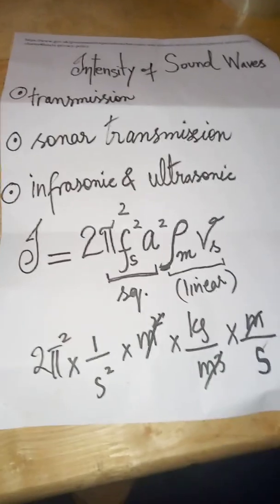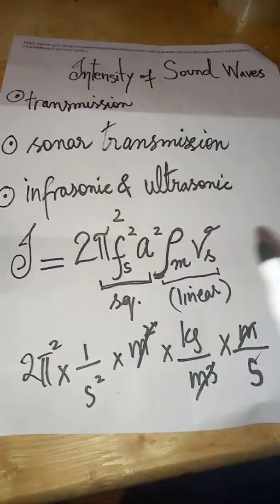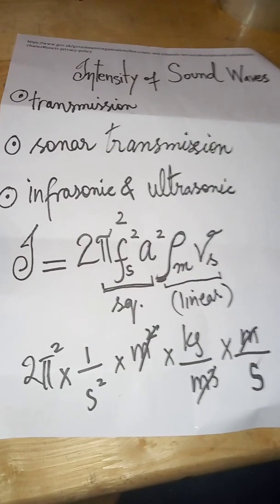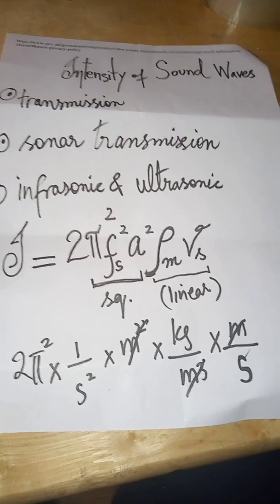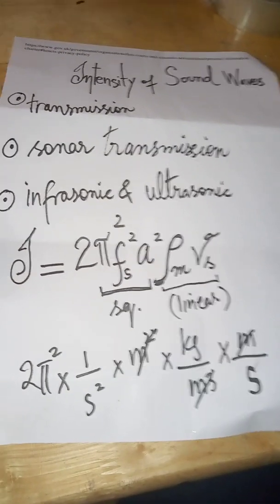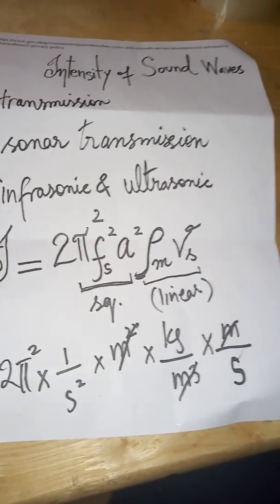And it's this formula, which is 2 pi squared f squared amplitude squared times the density of the medium times the velocity of sound, which in air is 330 meters per second. In liquid, it's 1545 or 1550 meters per second, and in solid, it's about 4,500 or 5,000 meters per second.